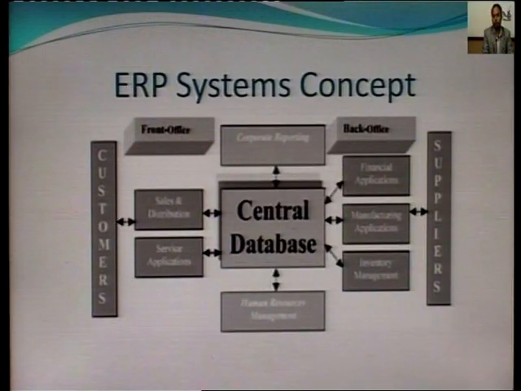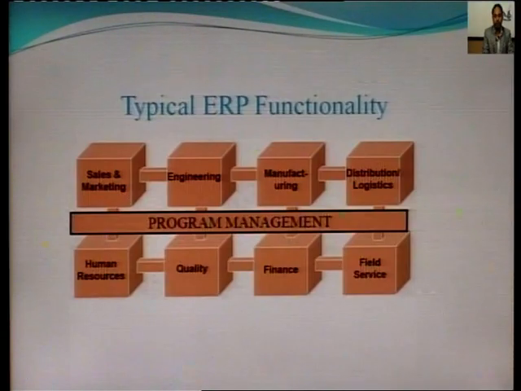The manufacturing application keeps track of all the manufacturing processes. Inventory control keeps track of all the inventory in the warehouse. And the back office will contact the suppliers.